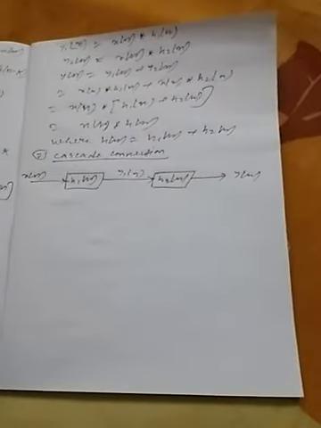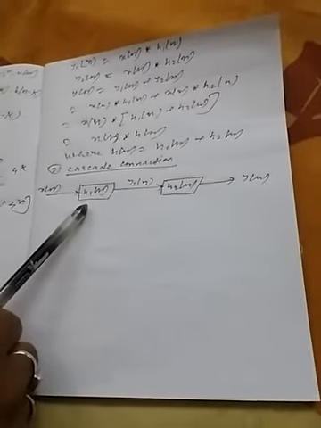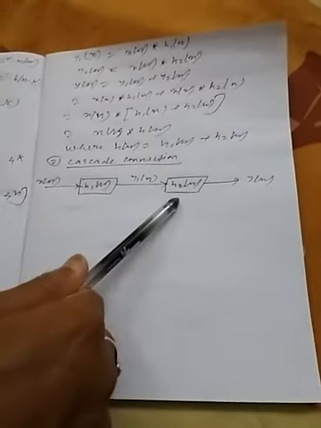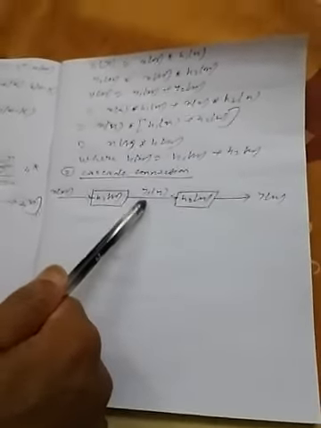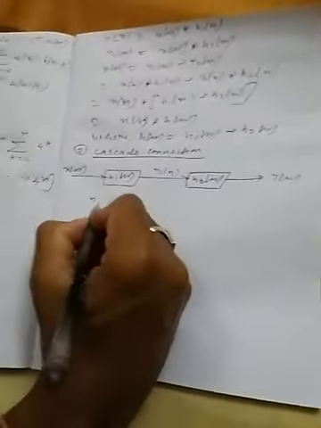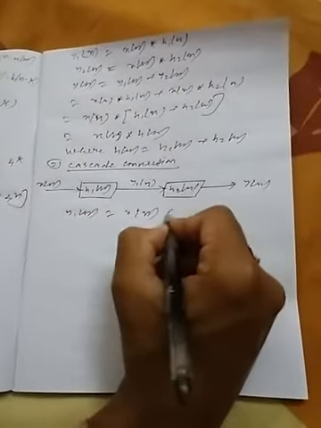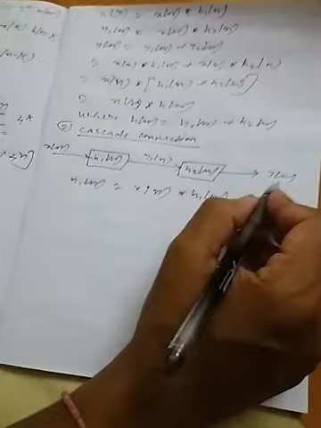Now cascade connection. This is the cascade connection where two blocks are connected in cascade, each having impulse responses h1n and h2n, right? And the output of the first block is y1n. So we can write here y1n equal to xn convolution h1n, okay? And output yn is the output of the second block.